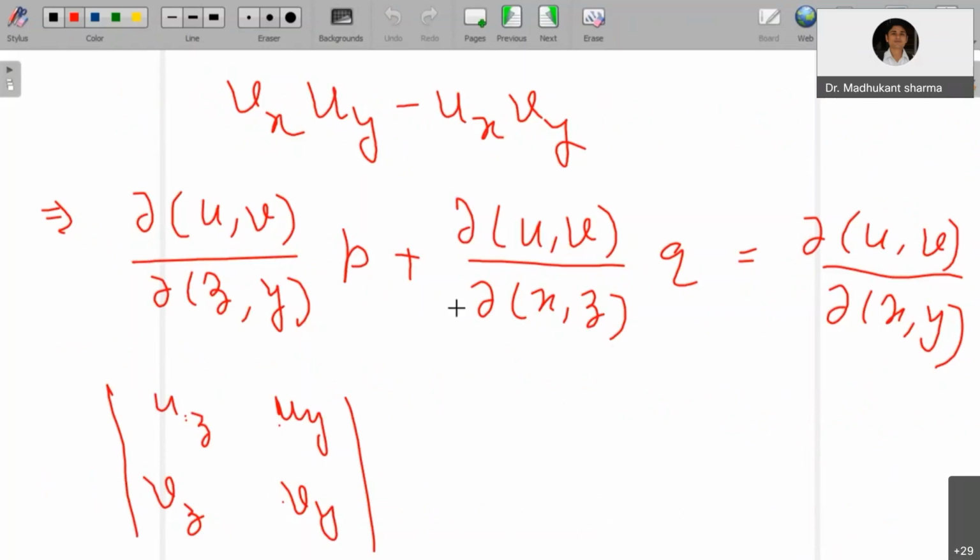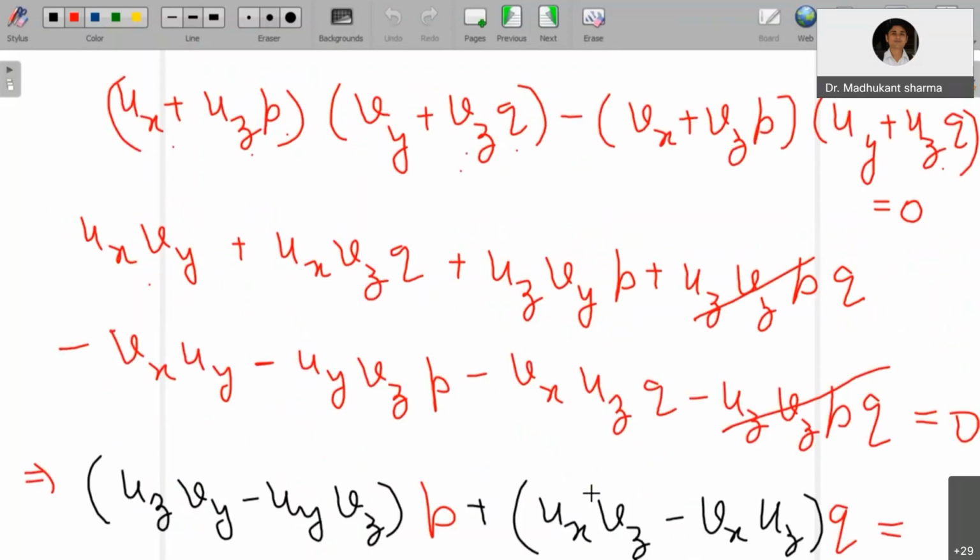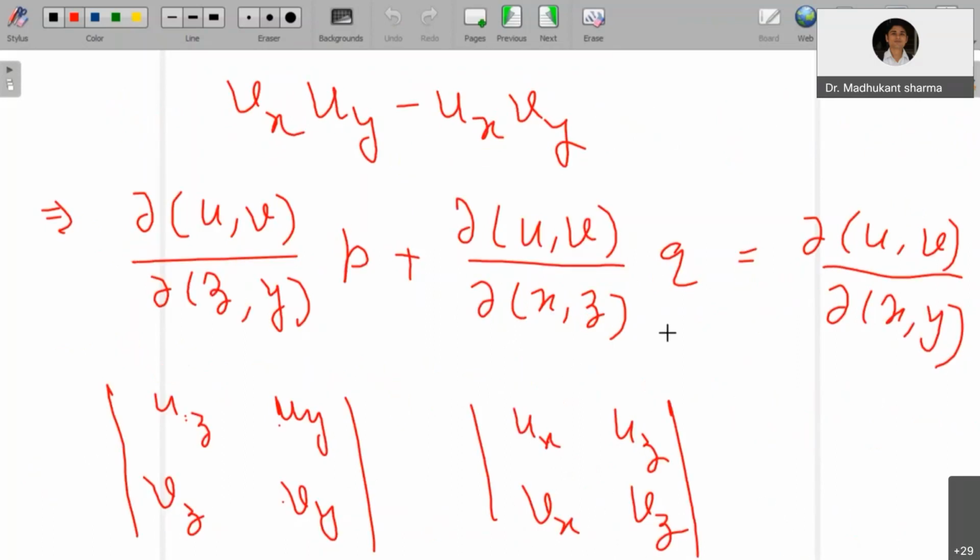This coefficient is the determinant of ux, uz, vx, vz, so ux vz minus vx uz. That's fine. And the right hand side has ux, uy, vx, vy, so you have ux vy minus uy vx. So you have here y comma x.